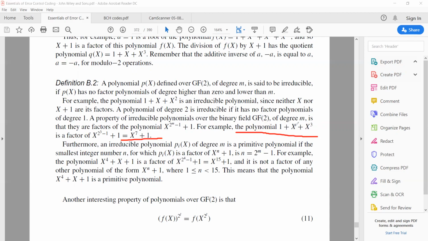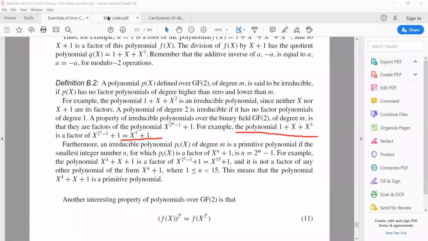Here we have considered the generator polynomial as 1 plus x cubed, which is one of the factor polynomials of x to the power 7 plus 1. So we can say, if we consider the generator polynomial as x to the power 7 plus 1, then it is the multiplication of its factor polynomials.